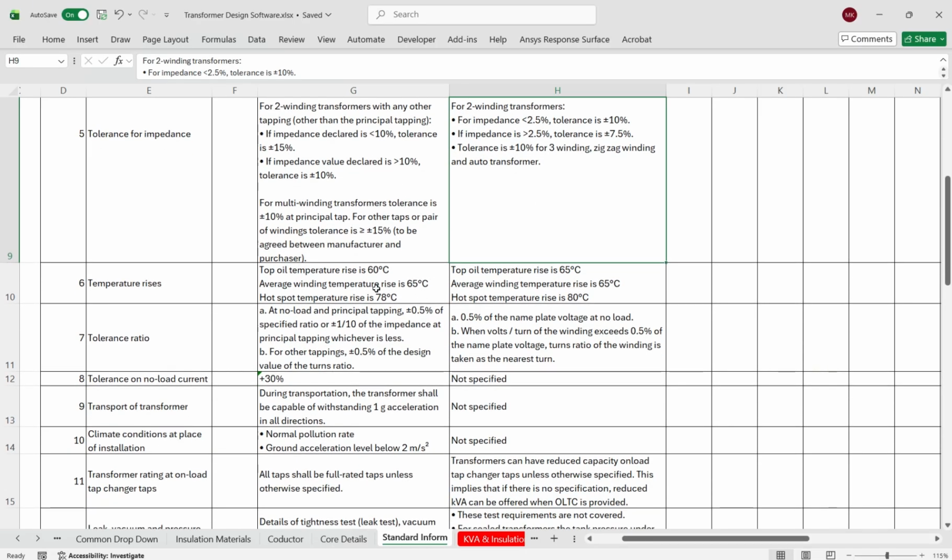Temperature rise. The top oil temperature rise for IEC is 60 degrees Celsius, whereas the average winding temperature rise is 65 degrees Celsius.